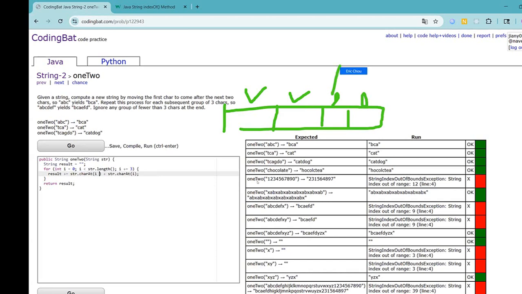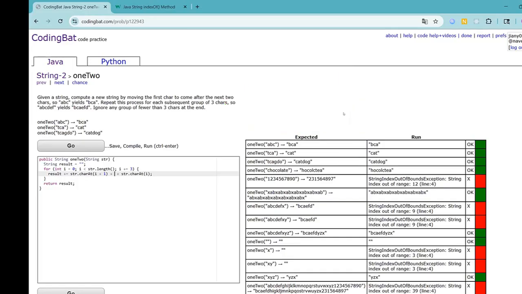Because if your i is this one, what will happen? 0, 3, 6, but you only have 8 letters in total. Wait, let me draw it more carefully. Oh, yeah, I think I did it wrong.